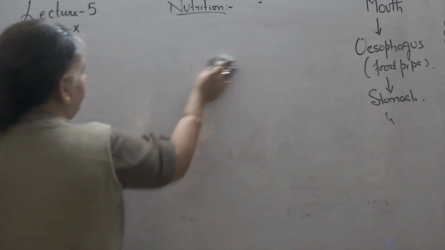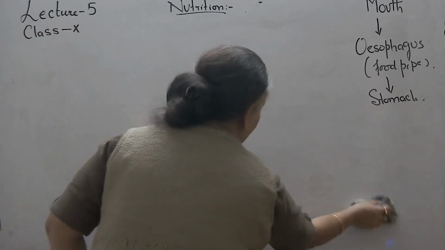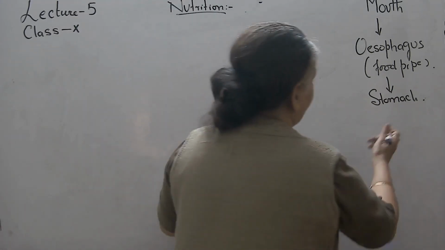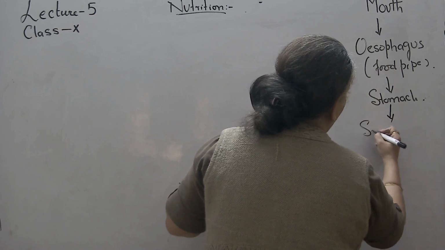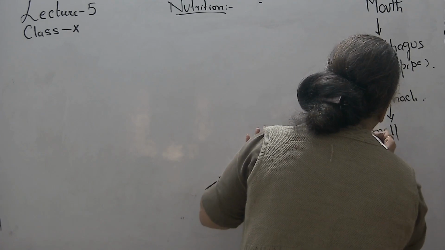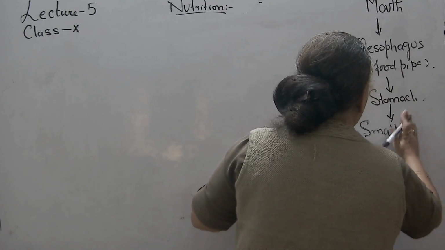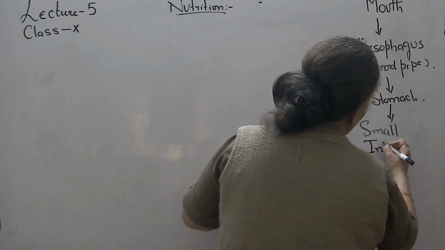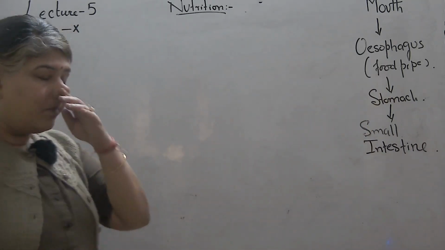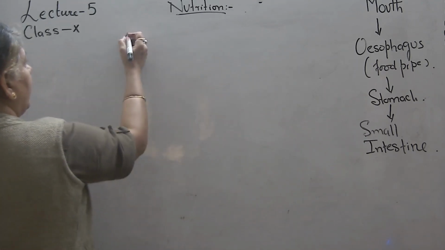Now from the stomach the food is pushed into small intestine. Okay, small intestine is the largest portion of the alimentary canal.